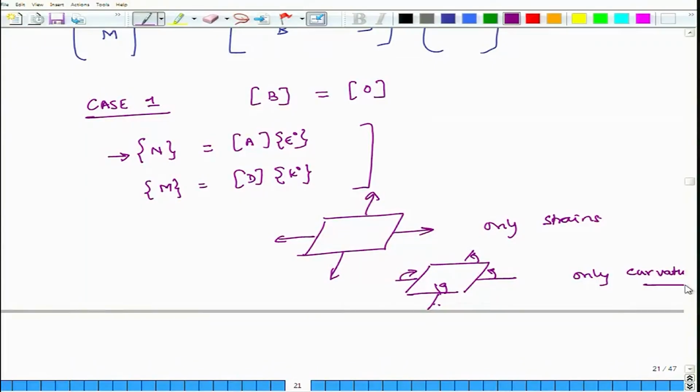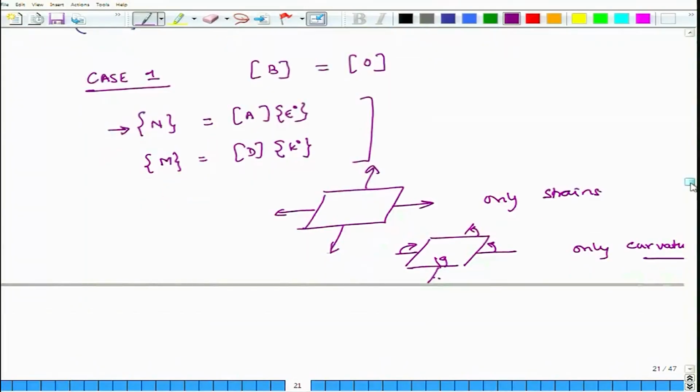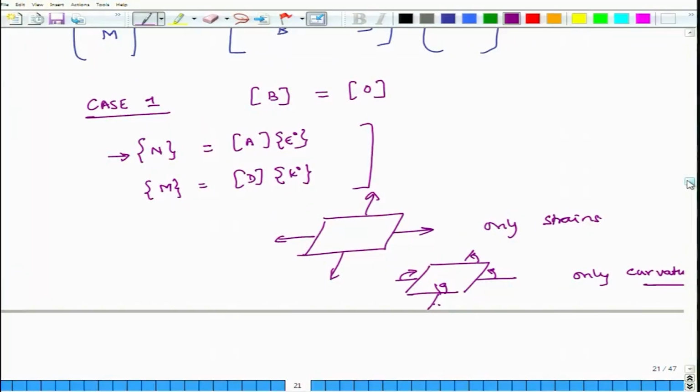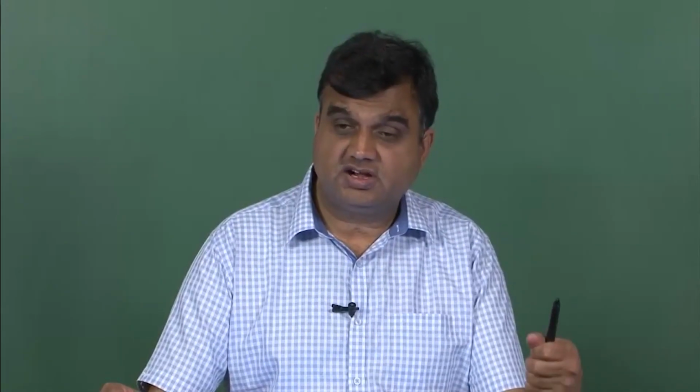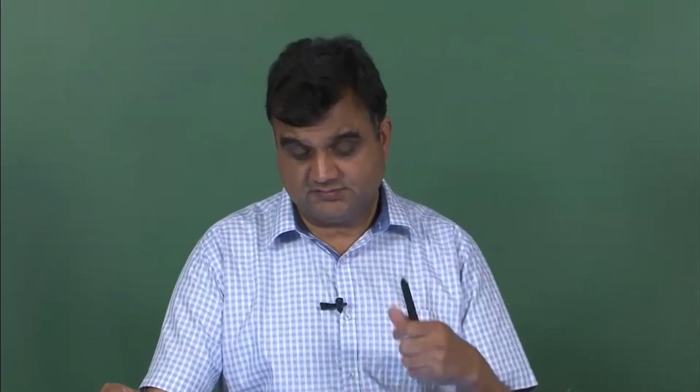Okay. So, what this says is that if the B matrix for a laminate is 0, force resultants generate only mid-plane strains and they do not generate mid-plane curvatures, and moment resultants only generate mid-plane curvatures and they do not generate any mid-plane strains. This is what it means. This is very important to understand.